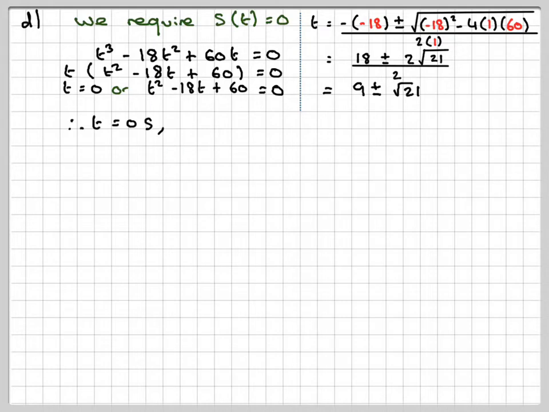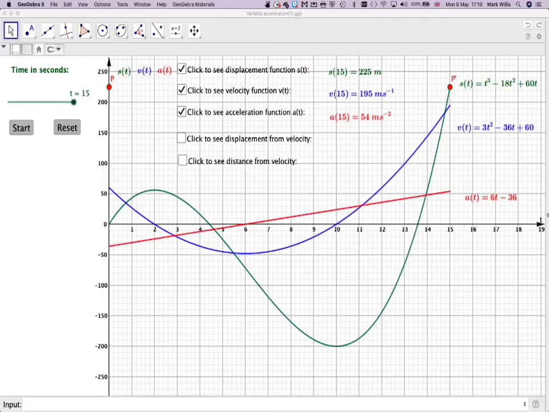That will give t is 0, t is 4.42, or t is 13.6. And again, we can see that from the graph: 4 point something, 13 point something, and obviously at the initial place.